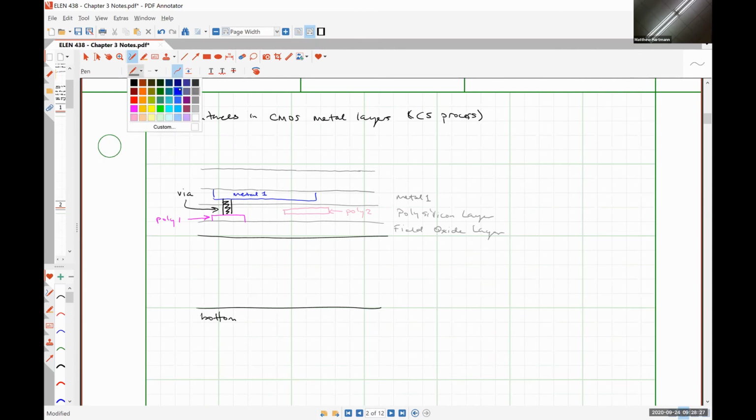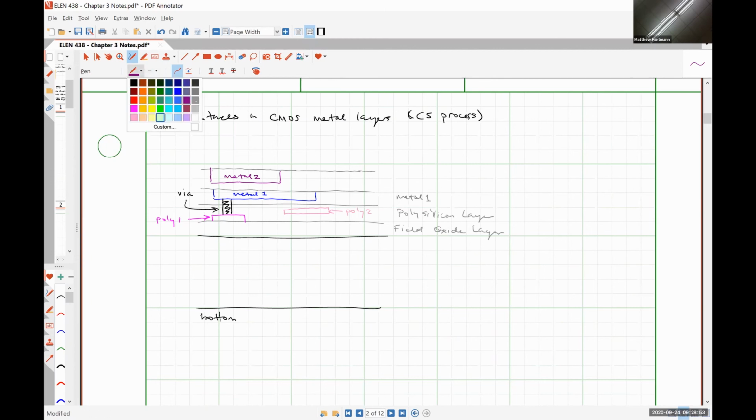Then we have the metal 2 layer. I think that one is in purple, and we could connect down to metal 1 with a via if we so chose.